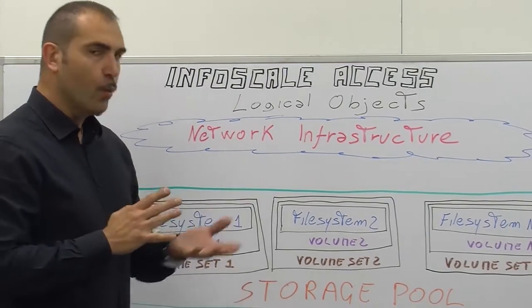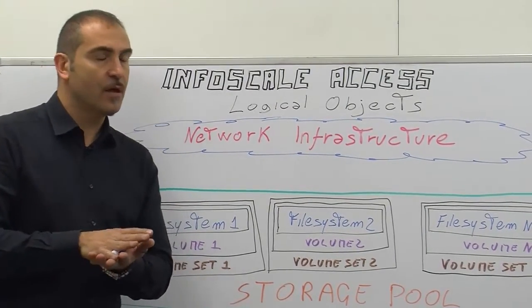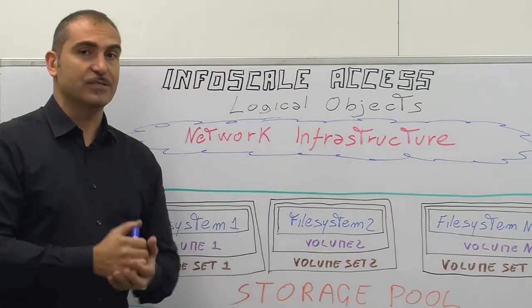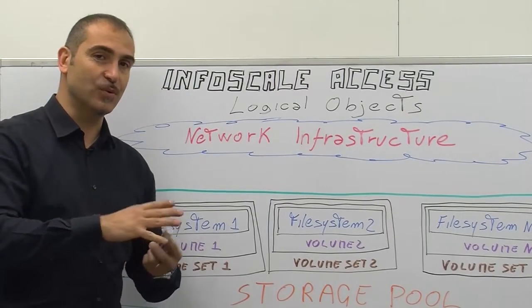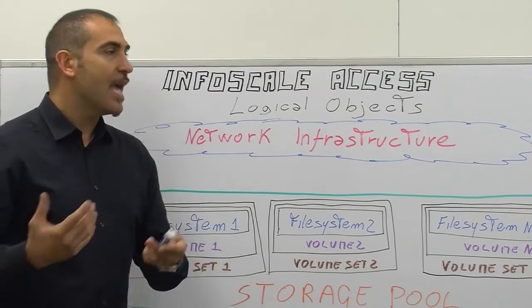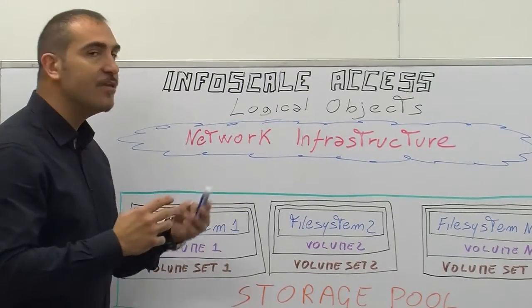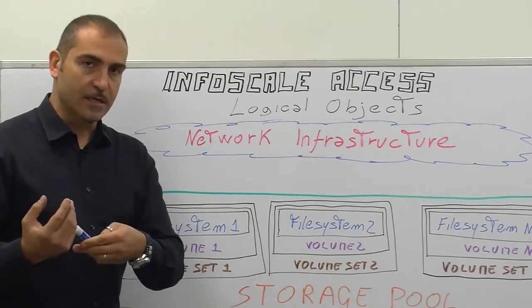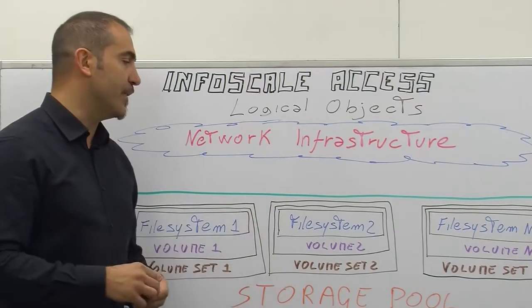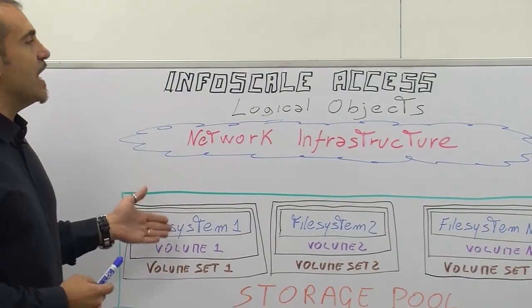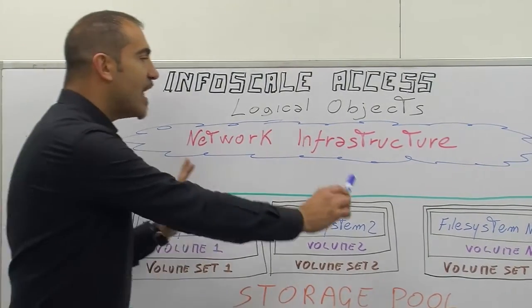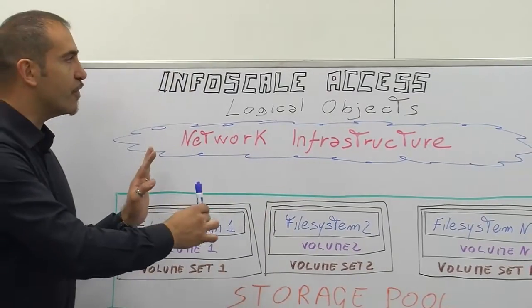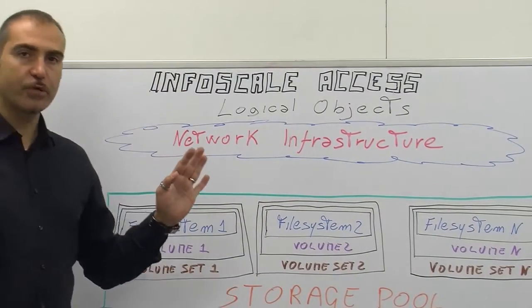Now, when we talk about volume sets, we immediately connect them to multi-volume file systems. And multi-volume file systems are the basis for smart tiering, for storage tiering. And this is exactly what we have here. Basically, InfoScale Access is preparing your storage to have a possible storage tiering.